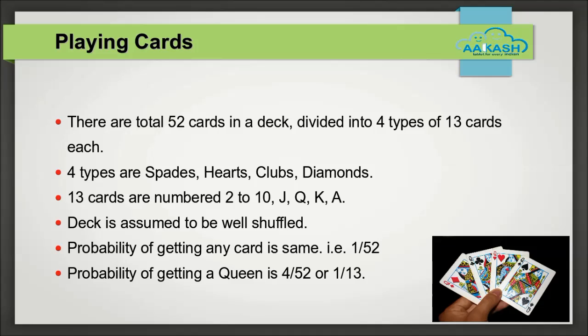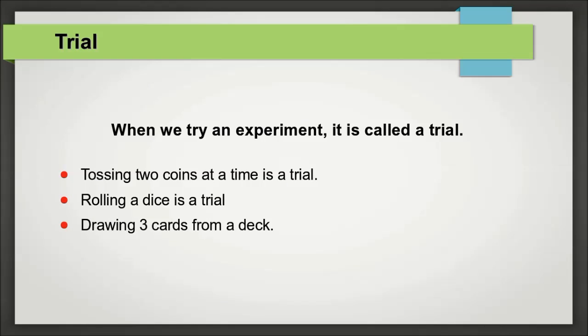Since there are a total of 4 queens in the deck, the probability of getting a queen is 4 by 52, which is 1 by 13. Similarly, there are 2 red kings, hence the probability of getting a red king is 2 by 52, which is 1 by 26.